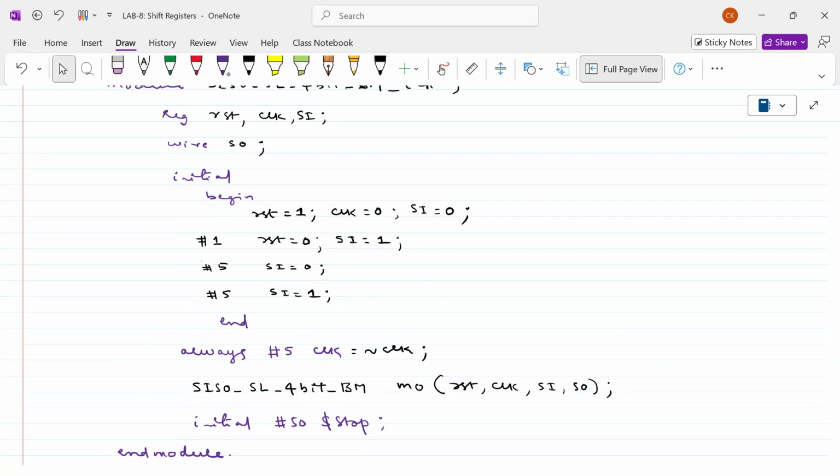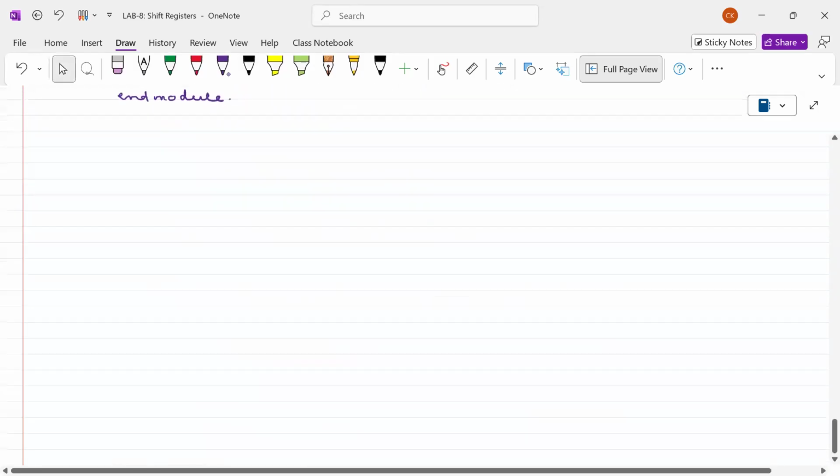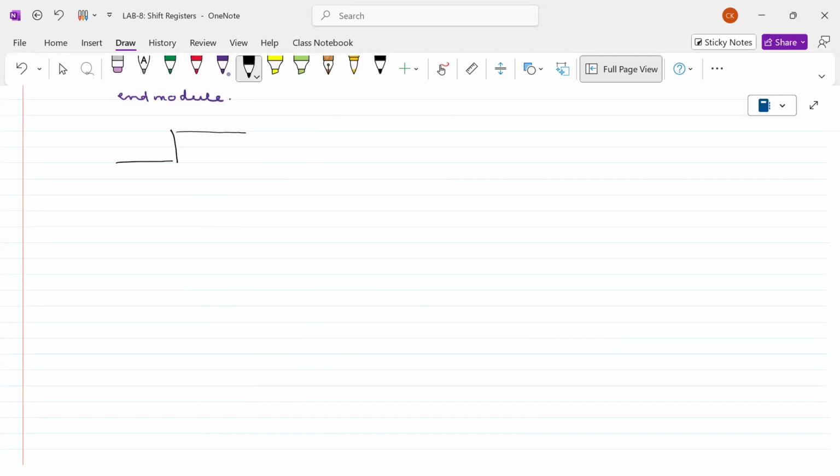So what kind of output will we see? Let's draw the expected output waveform. What I have written first of all is the clock signal, right? If the clock signal is equal to 0, after 5 nanoseconds it will be high, and another 5 nanoseconds, it will be low.